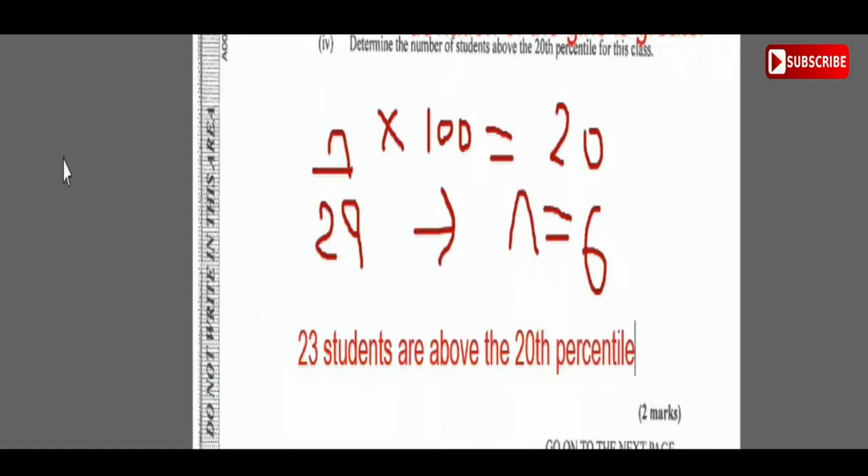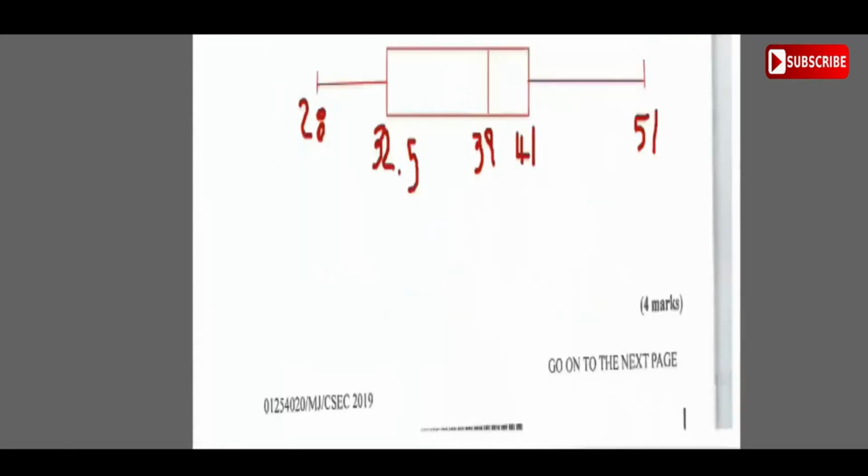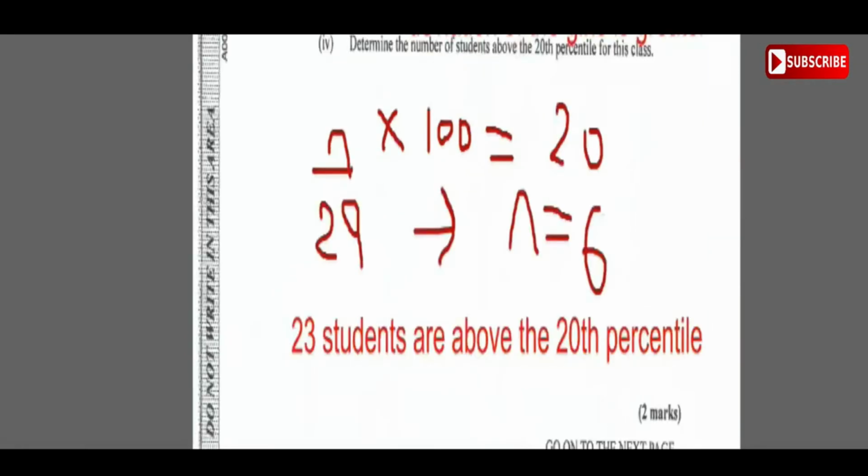That's what that means. All right, 23 students are greater. So apart from the first 1, 2, 3, 4, 5, 6 students, the 6th student weight being 32, everybody is above the 20th percentile. Nice.